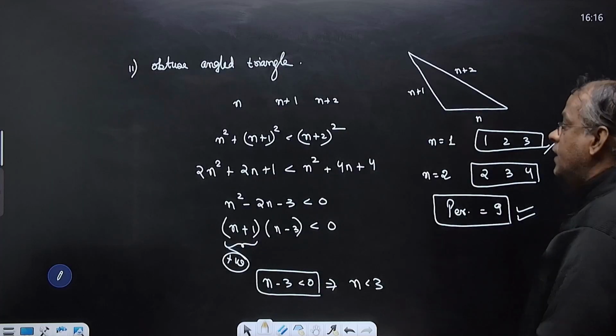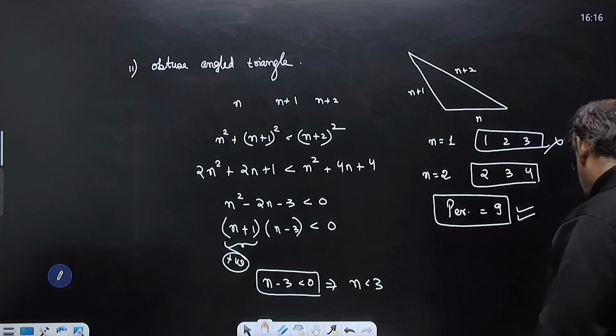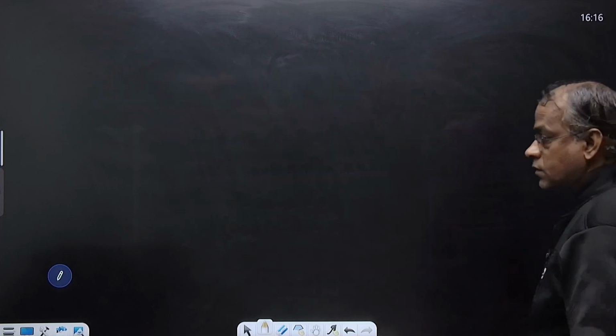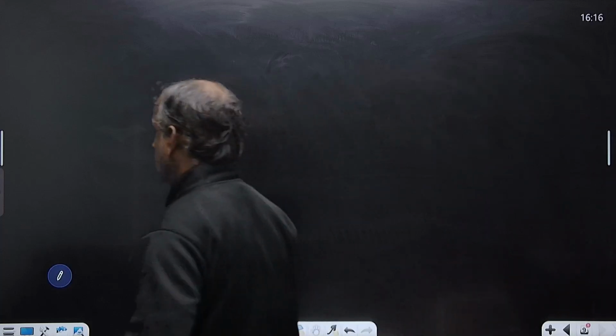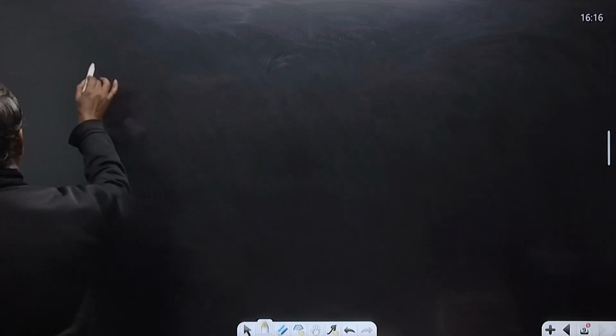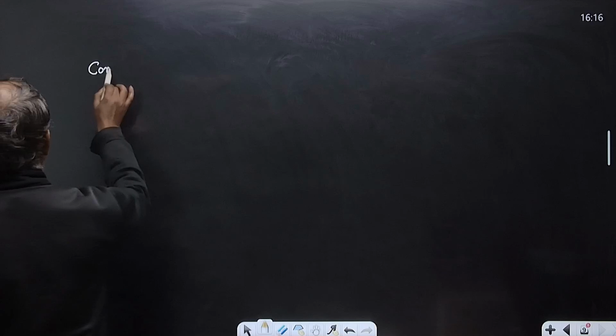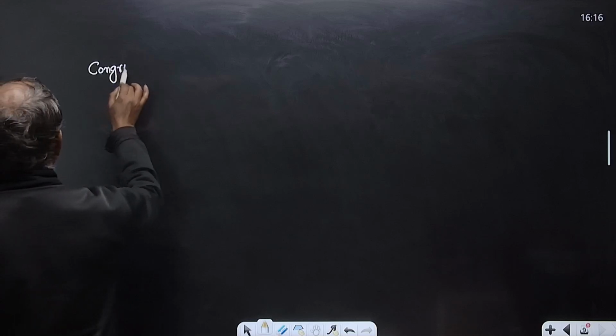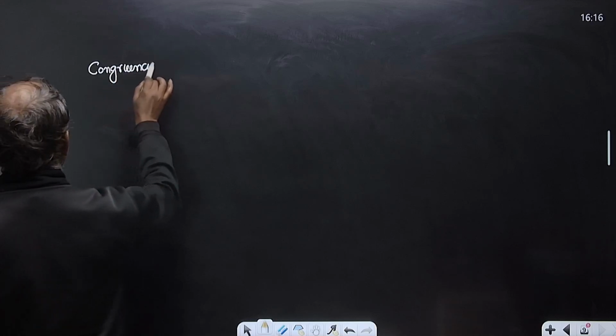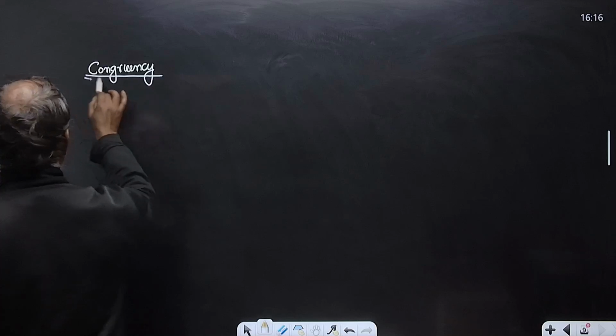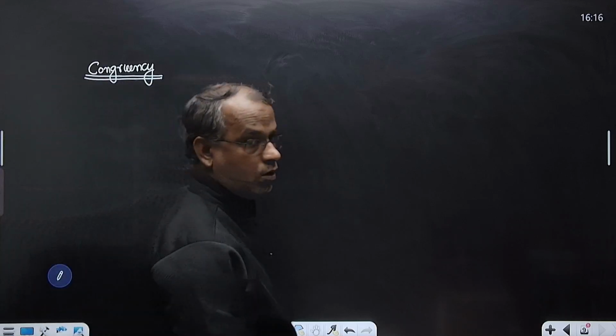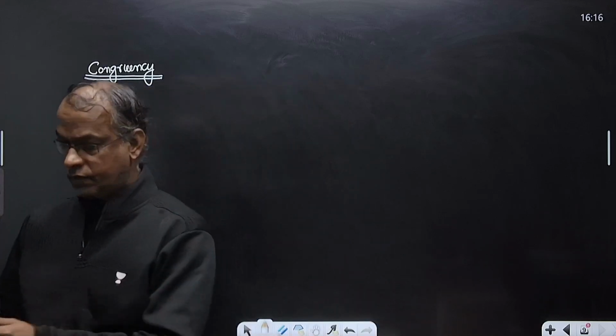Now regarding triangles, let me also introduce you to the notion of congruency. Congruent figures you must all be aware of.